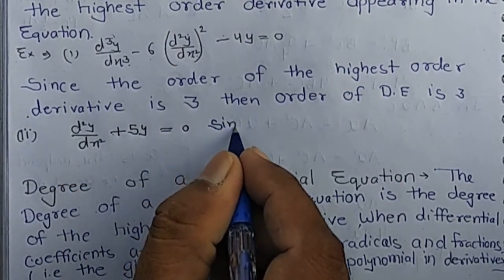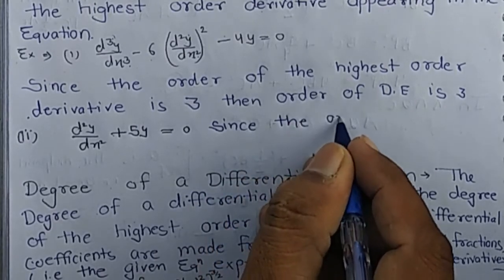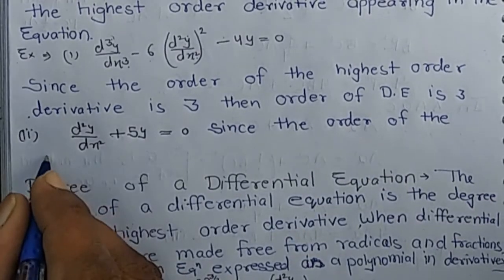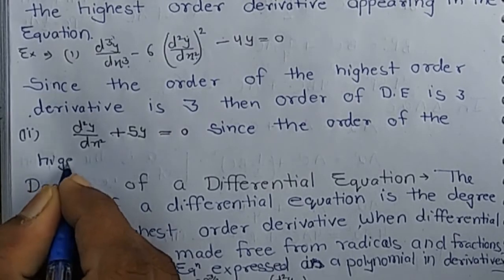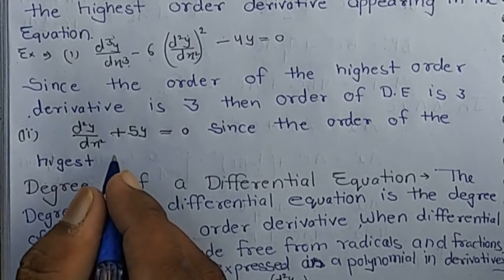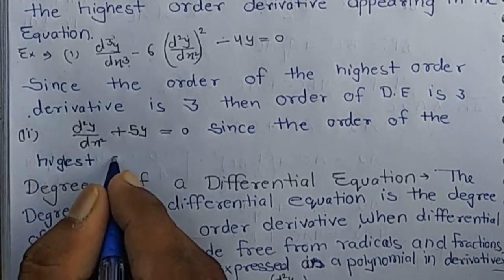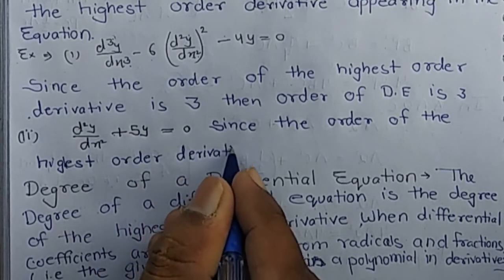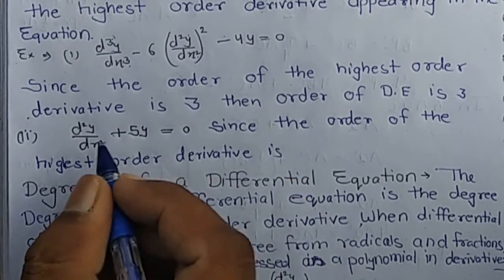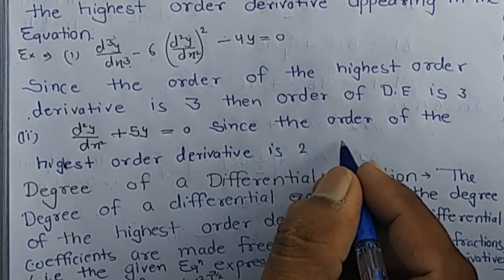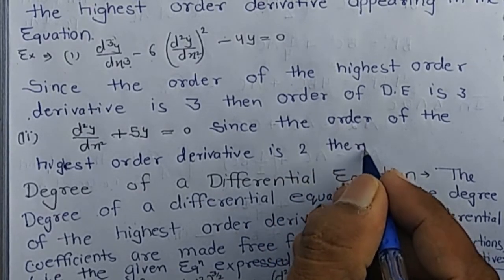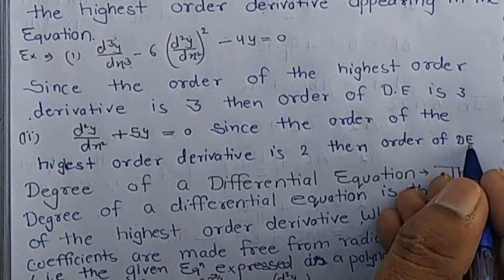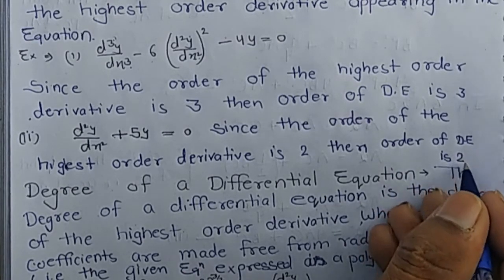Since the order of the highest order derivative is 2, then the order of the differential equation is 2.